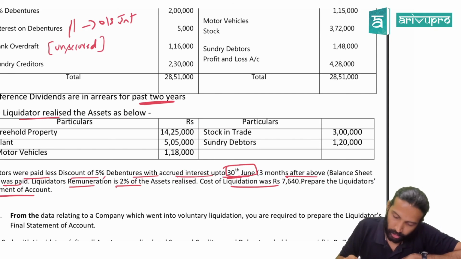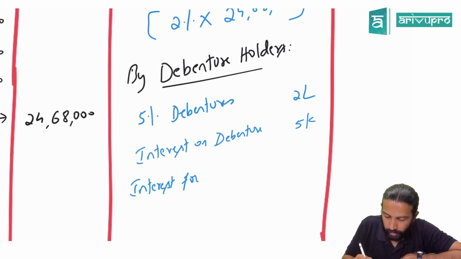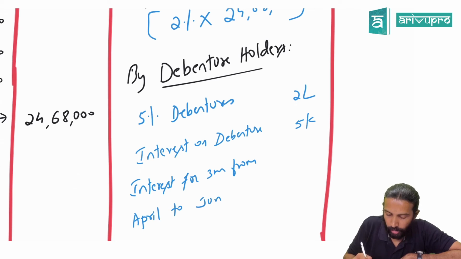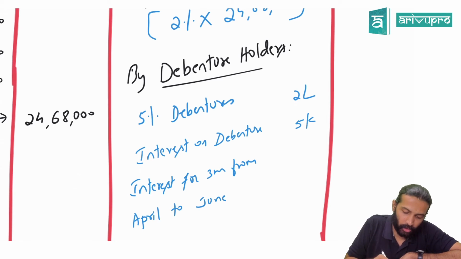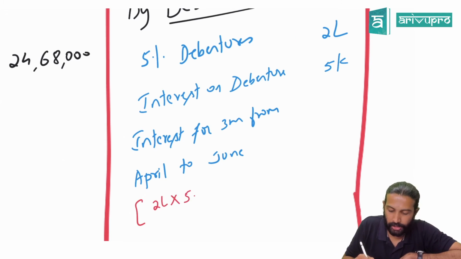Yes, no? That means here what will you write again? Interest for 3 months. From what to what? From April to June. So can we calculate this interest? Here only we can show. Interest is always calculated on what? The face value of the debenture, which is 2 lakh. Interest rate is 5%.